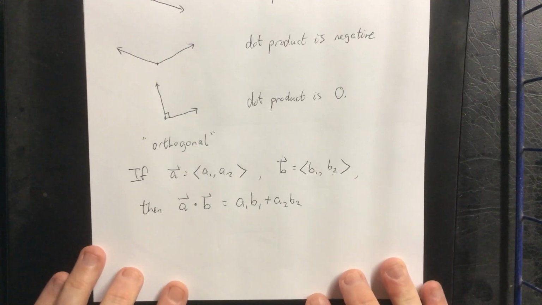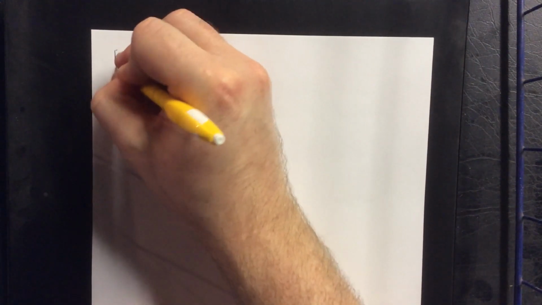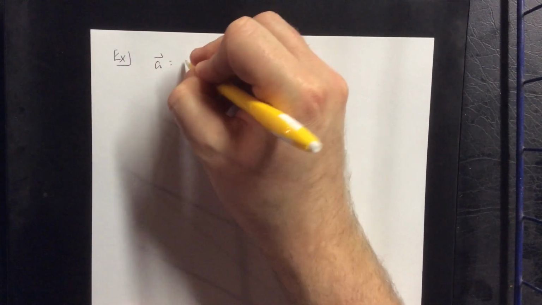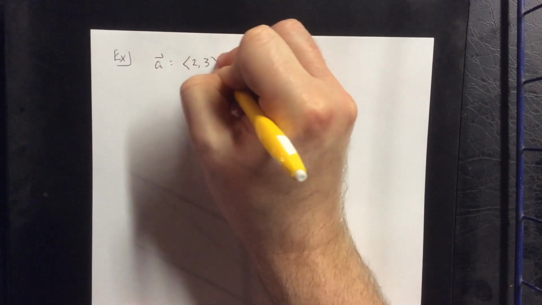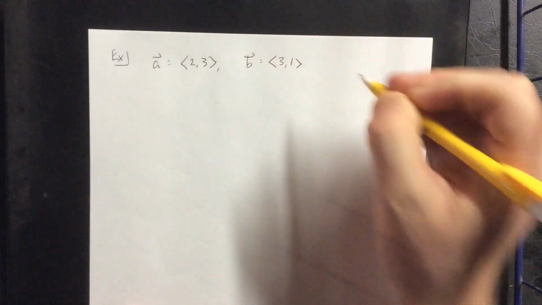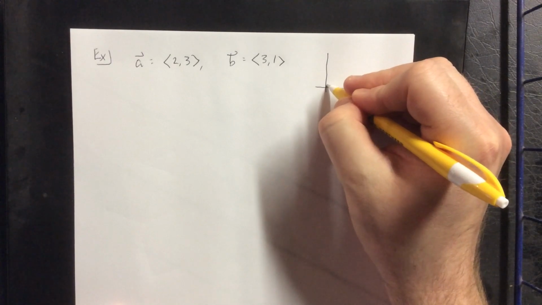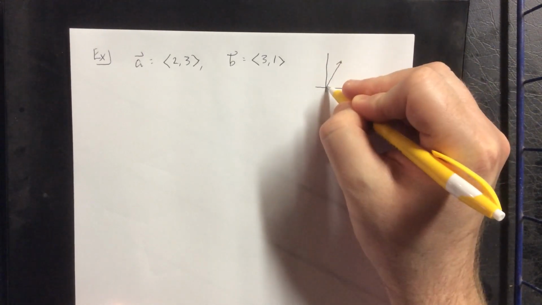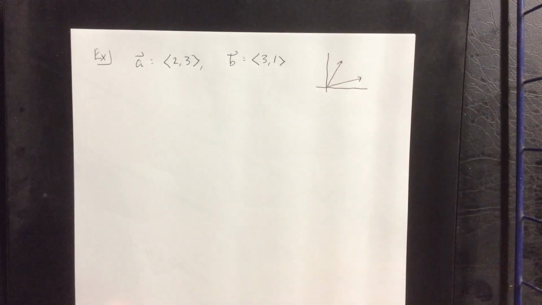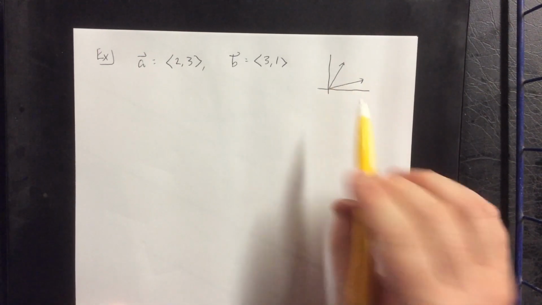Now for a couple examples of this. Let's do A is equal to the vector 2, 3, and B is equal to the vector 3, 1. Based off of the fact that both of these vectors are quadrant 1 vectors, my prediction is that we are going to get a positive value for the dot product.